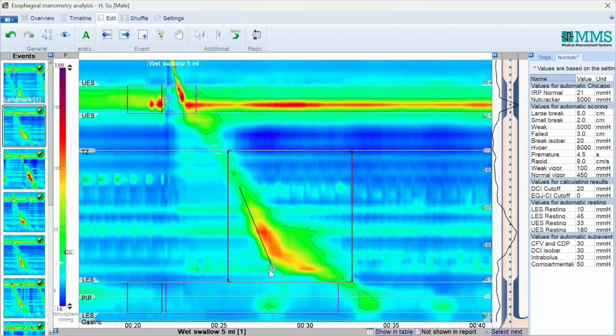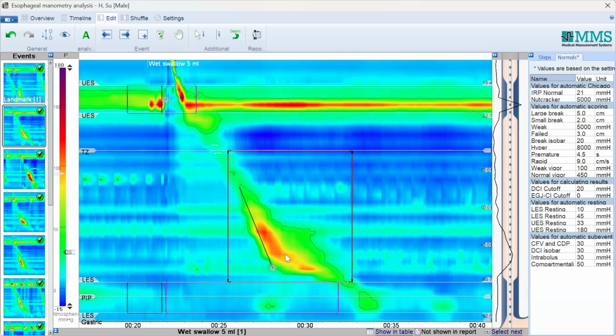The answer is that it's logical. As the contraction has now reached the LES, which is a strong muscle, it's closed. So we need higher pressure in this part to push, to open, and push the food down to the stomach.